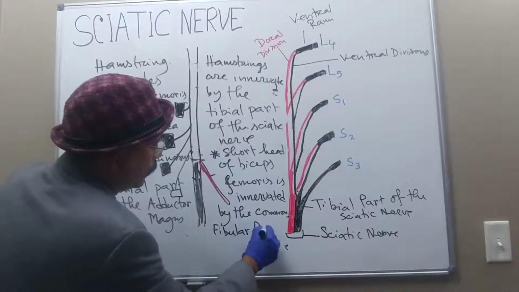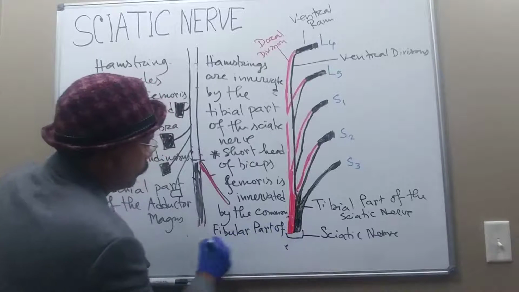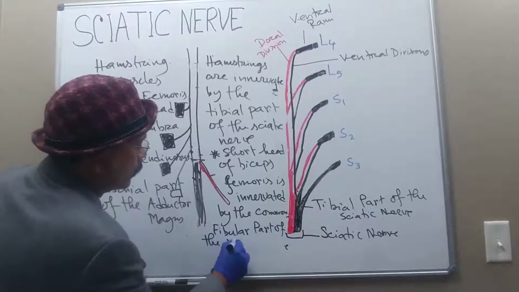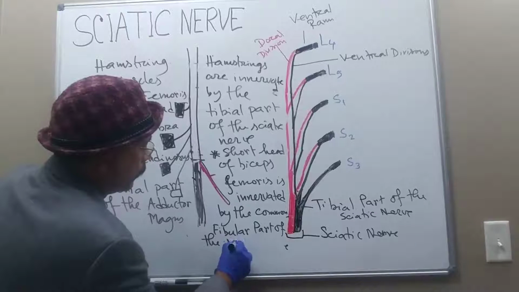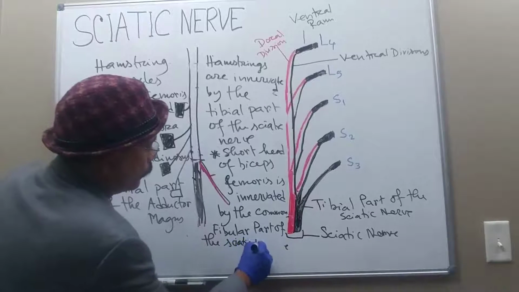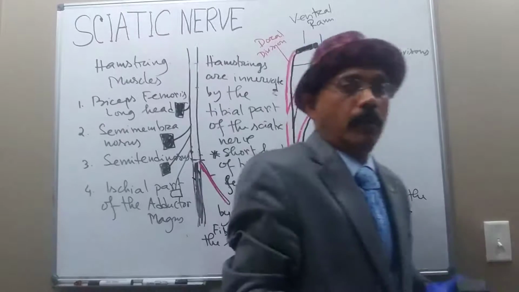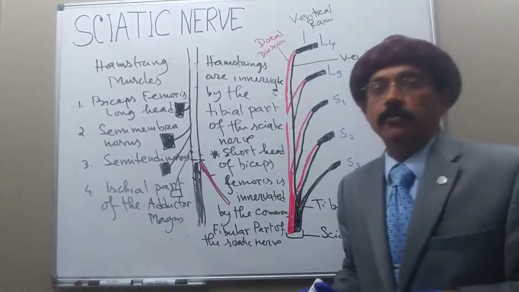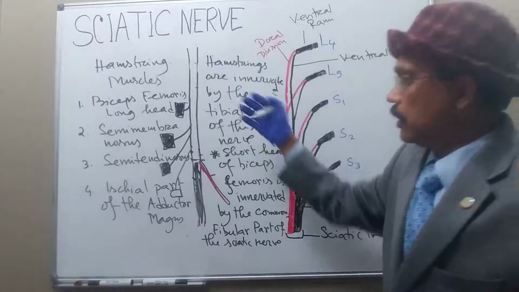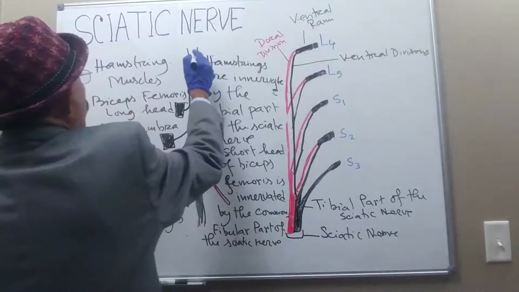Fibular part of the sciatic nerve. Okay, we got the muscles innervated by the sciatic nerve. This is our sciatic nerve.